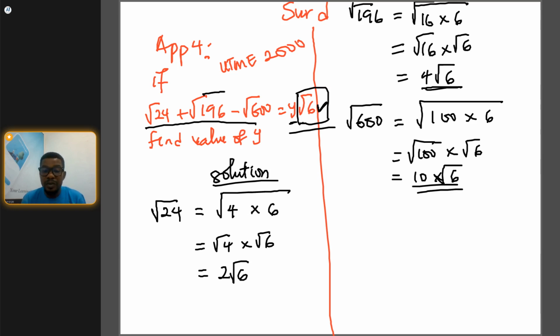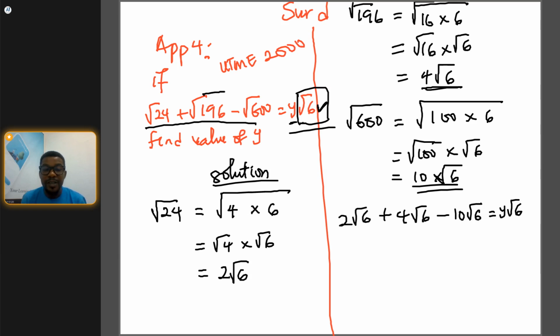Now, let's bring them together, okay? Root 24 is 2 root 6, plus the square root of 196 is 4 root 6, minus 10 root 6, which equals y root 6.